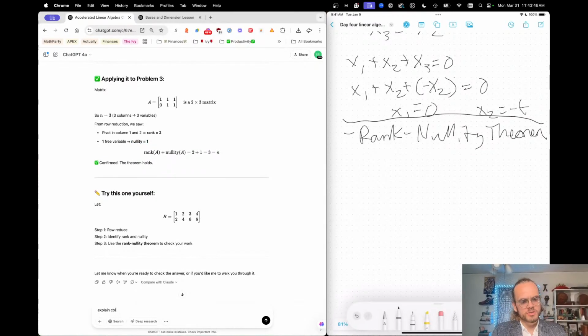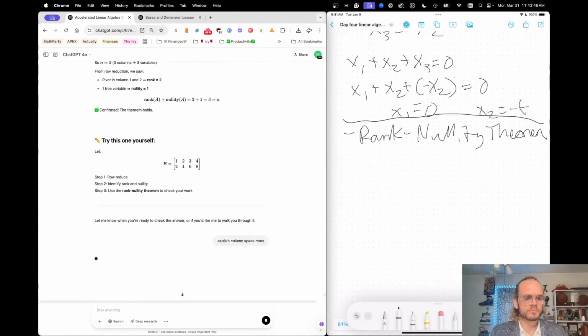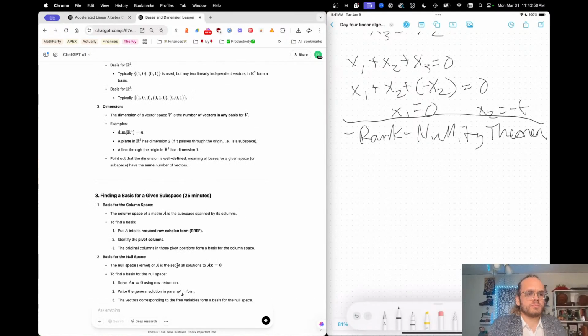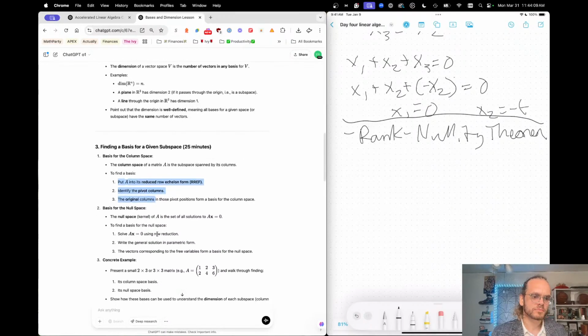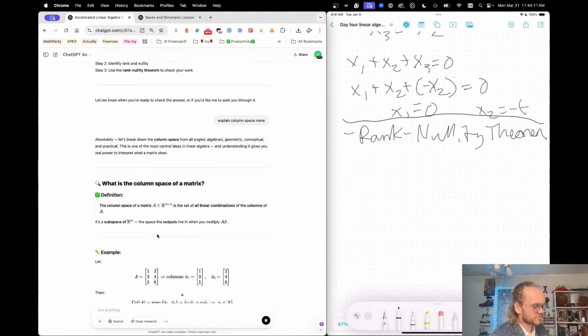Explain column space more. Oh, I get that. It's a subspace spanned by its columns, and I find the pivot columns, and it's only the pivot columns. The why here is I feel like I'm just following an abstract set of steps, which is never great in math because math should completely make sense.